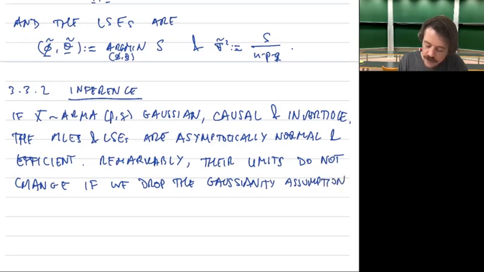Well, I just mean that you could try to compute the expectation of the negative Hessian of the log likelihood, and with that you would get the Cramer-Rao lower bound under Gaussianity.